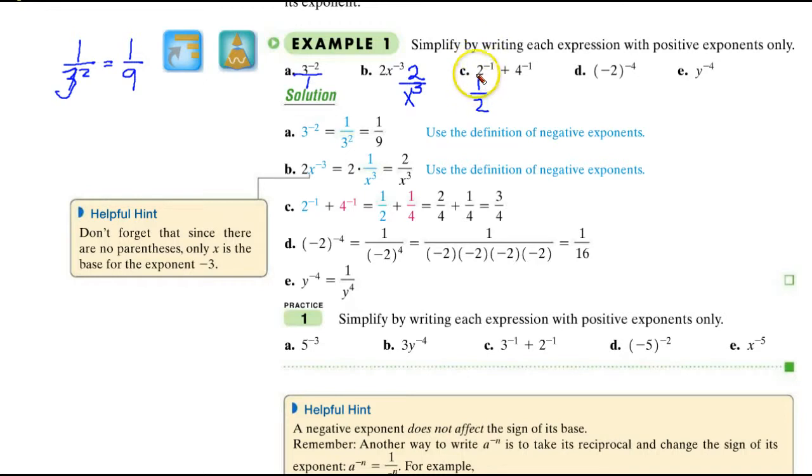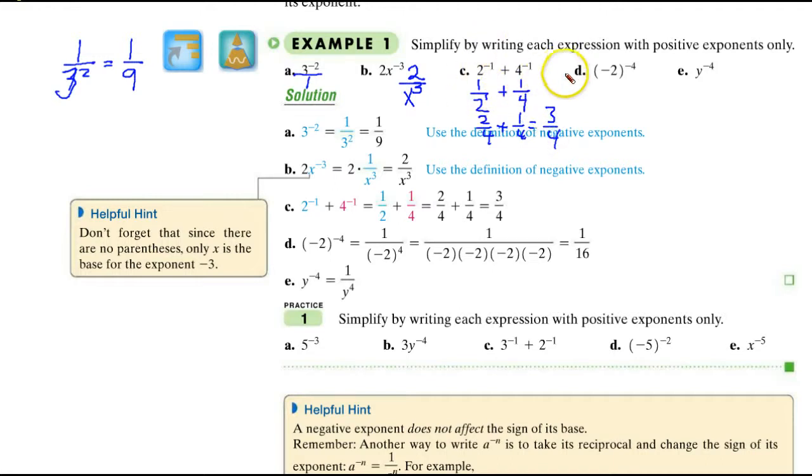So again, a 1 in the numerator, the 2 comes down, and the exponent is there. This is another way of writing 1/4. Again, the 1 in the numerator, the 4 comes down, and then now we want to add these. So this is going to be 2/4 plus 1/4 equals 3/4.